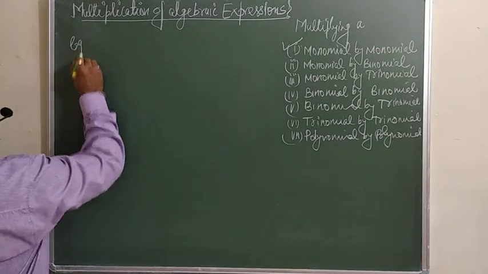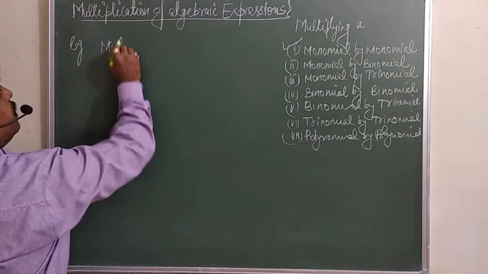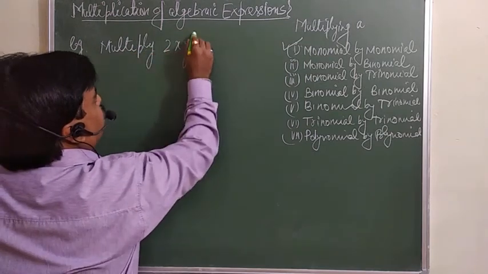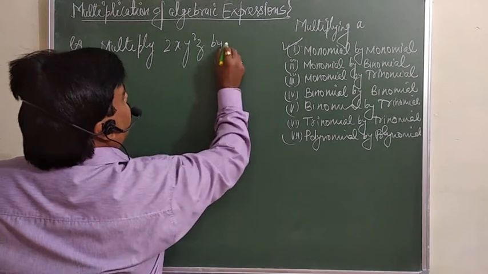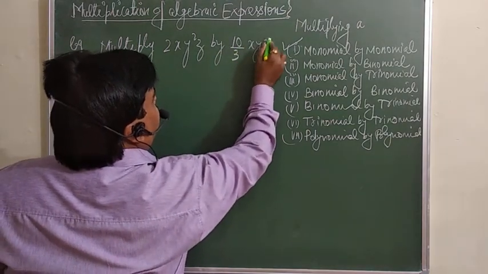For instance, suppose we want to multiply 2xy square z by 10 over 3 xy z square.